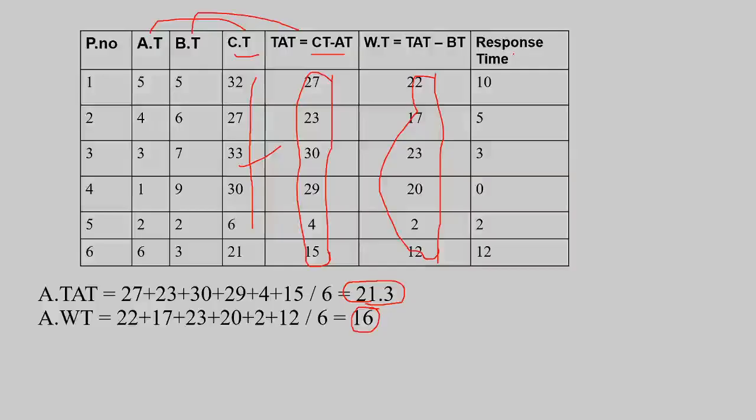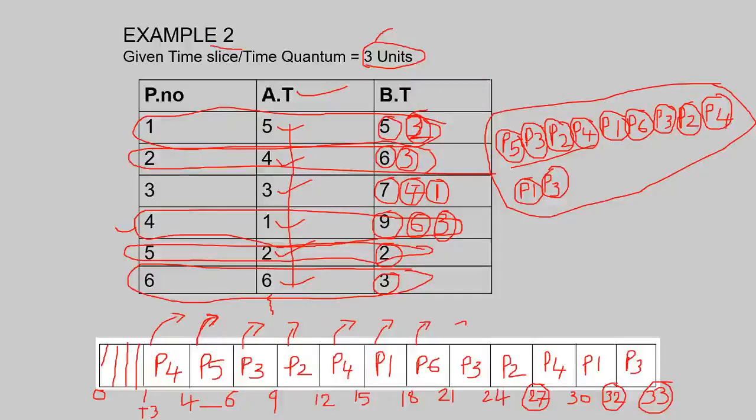And there is another column, response time. As I told you in the previous example, it is the process allotted time minus arrival time. So when the process was first allotted, that time you need to consider. So the process P1, it is 10. So what was the allotted time of process P1? Check out.